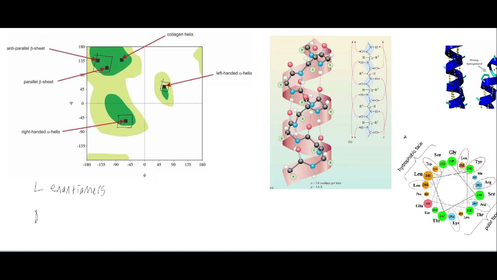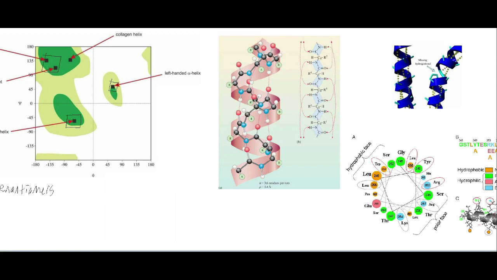So these helices are built like this. You see that this is the right-handed helix going up, and every one turn, so from here up to here, is 3.6 amino acids.